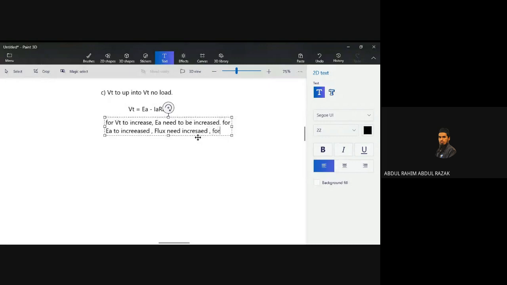For EA to increase, flux needs to be increased.